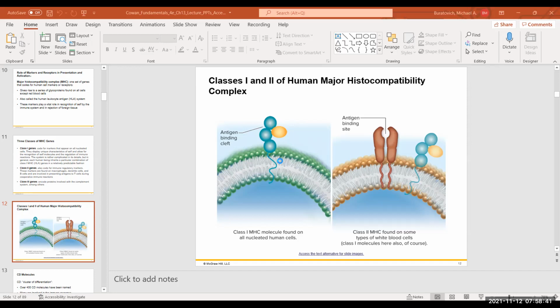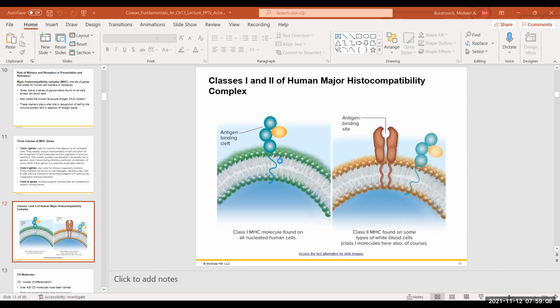Class 1 proteins are expressed on the surfaces of all nucleated cells. Class 2 MHCs are expressed on the surfaces of cells that present antigen. So dendritic cells will have them, macrophages will have them, B cells will have them, and other cells that present antigen will have them.